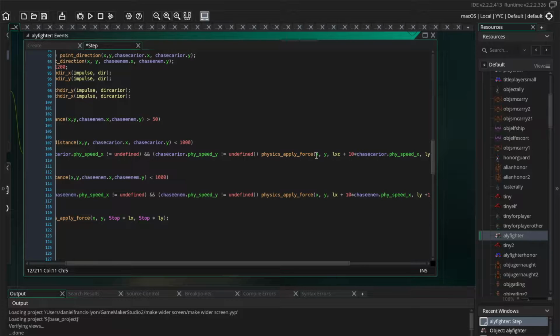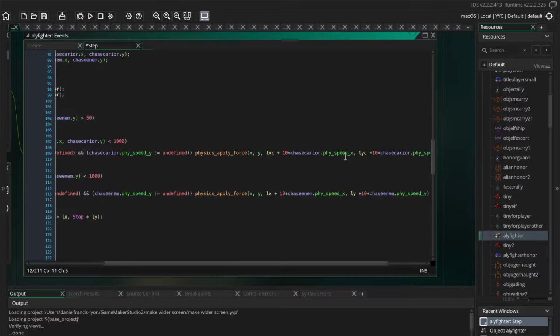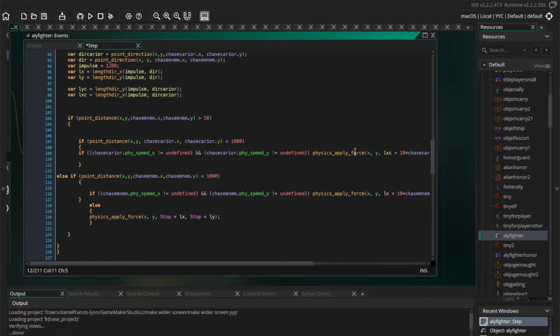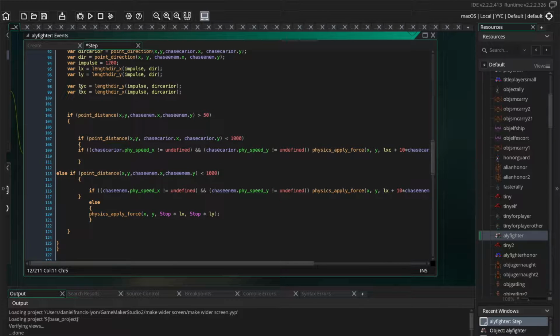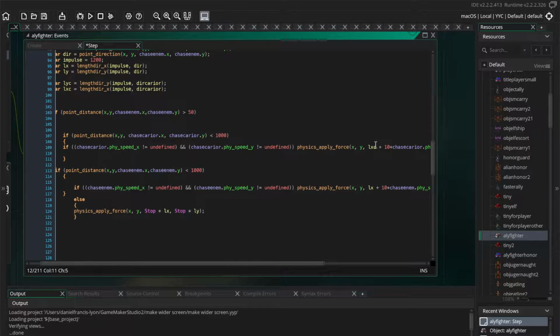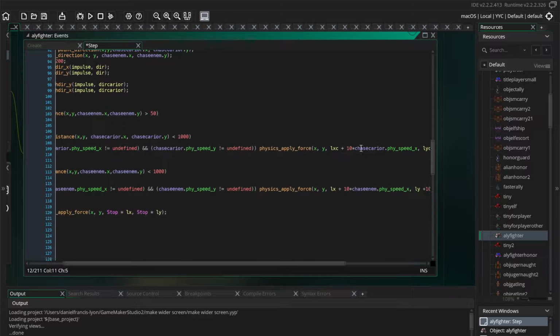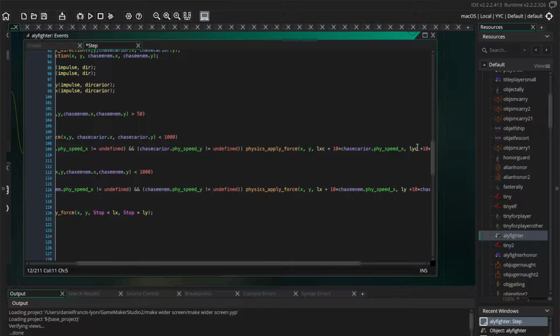So the force goes from the x and y position of this fighter to LXC, LYC. So basically these are the x and y components of the vector, and therefore if you go from x to the x component of the vector in the direction of the enemy mothership, y to the y component of the vector, then what you have is a force that points in the direction of that enemy mothership.